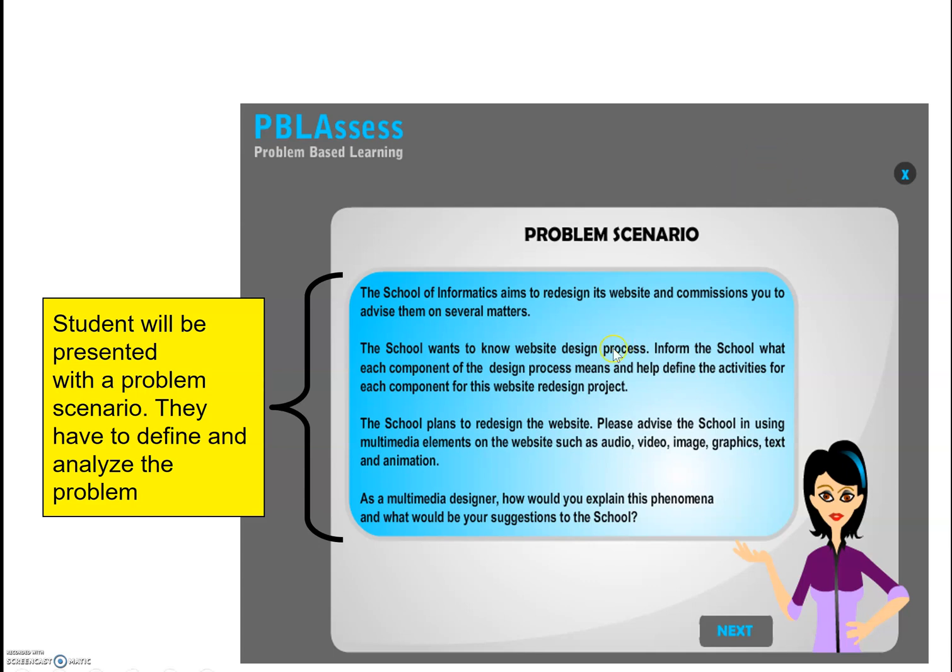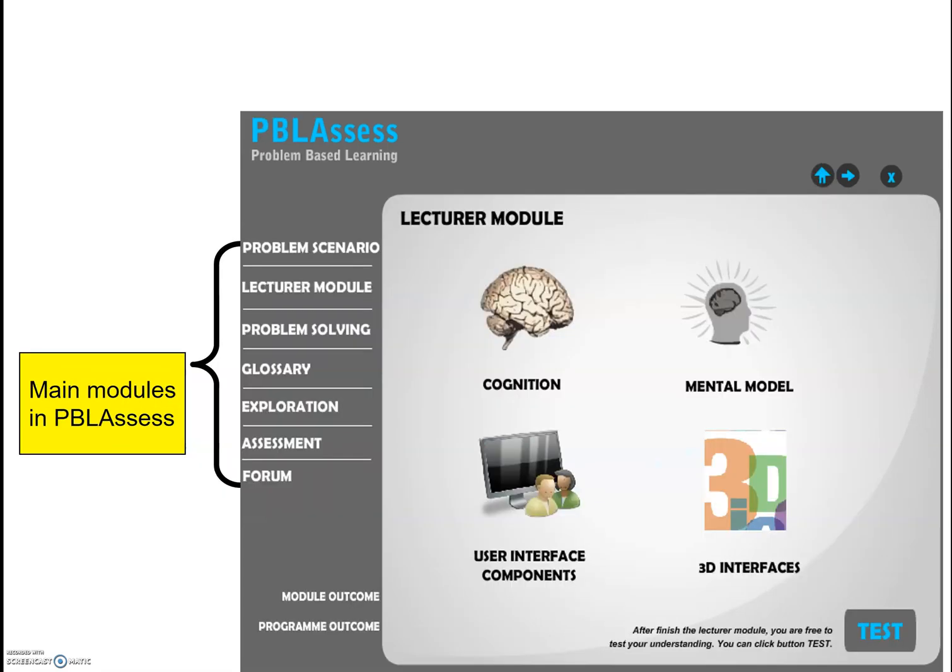As a multimedia designer, in the role play, they have to explain why the color is like that, why the banner, the proportion of the color, the font size and everything. They need to analyze the problem and justify their preference.